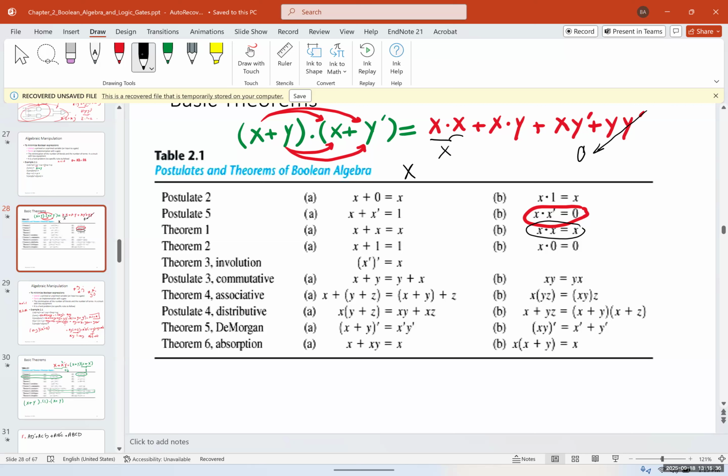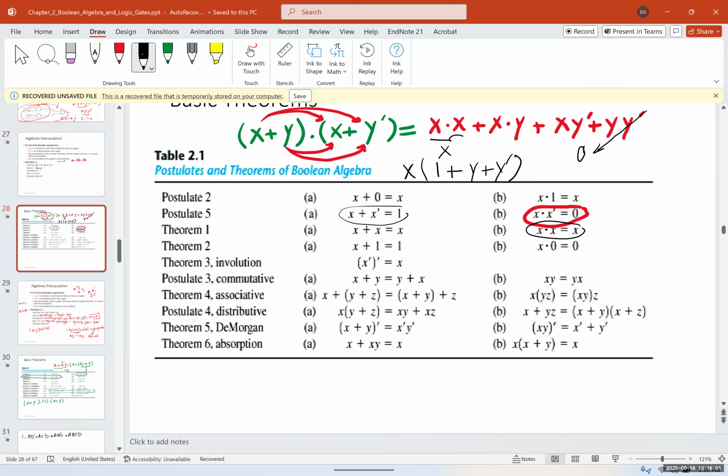I can write x, and the rest I can write in a parenthesis: 1 plus y prime. Am I correct? Yes. Now, y plus y prime is equal to what? Y plus y prime is equal to 1.